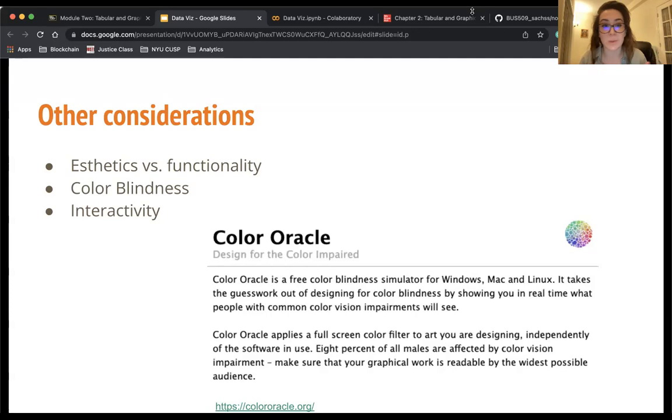So there's a nice tool called Color Oracle that will show you on your desktop what it would look like if you experience color blindness. We want to make sure that colors similar to each other, like blues and yellows, that might be hard for someone to distinguish, are avoided, and that we use appropriate colors so that anybody can look at this graph and be able to understand the differences.